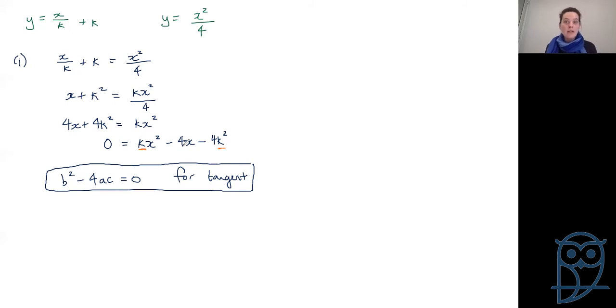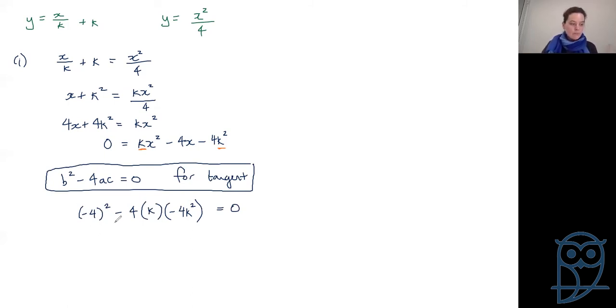B, a, and c are your coefficients. So b squared minus 4ac: b is minus 4, a is k, and c is minus 4k squared. And we know that equals 0. So always be careful of your signs. You want to make sure you're taking your signs with you properly when you're doing this.